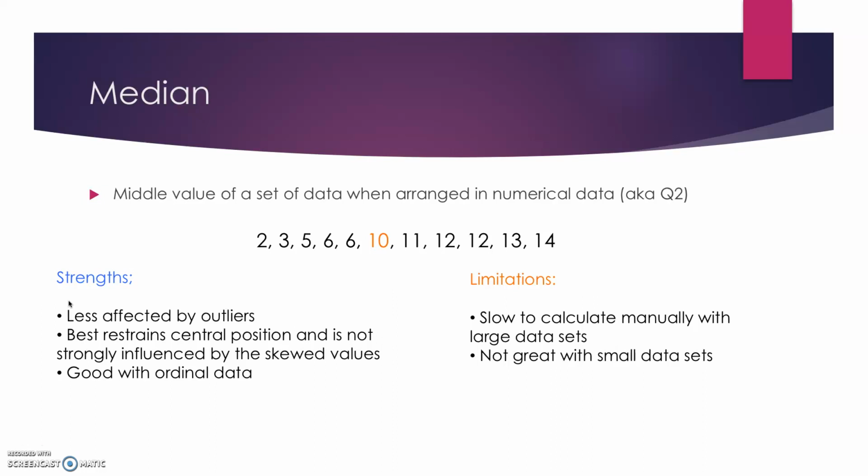However, this only works if the data set has an odd number of values. So, for example, the median in this data set is 10 because there are 11 numbers in the set. That plus 1 is 12, then divided by 2 is 6. Therefore, I would go 6 along, and the 6th number is 10.